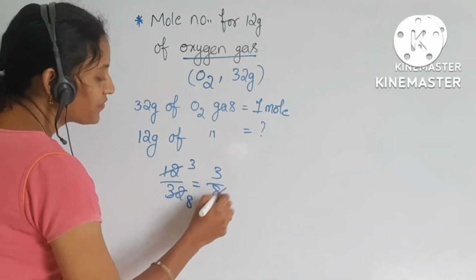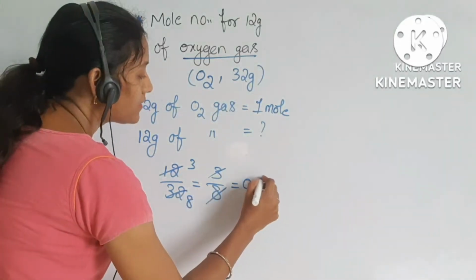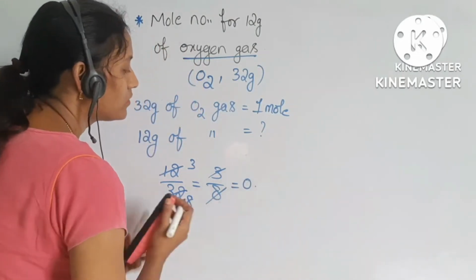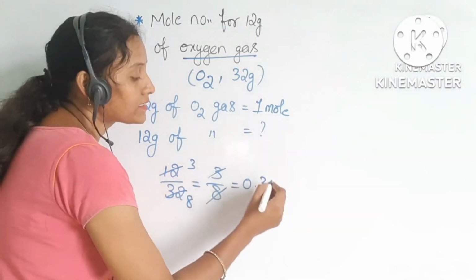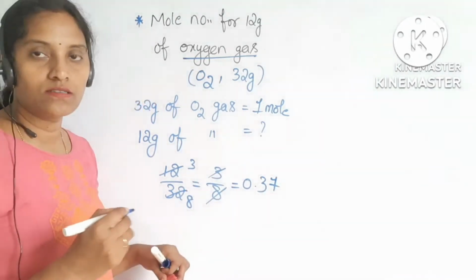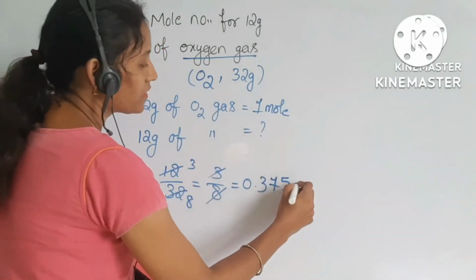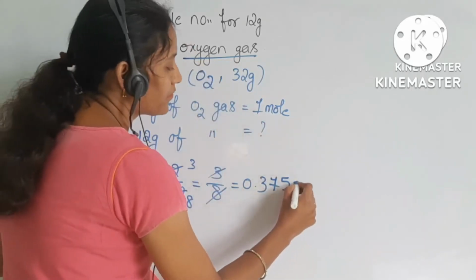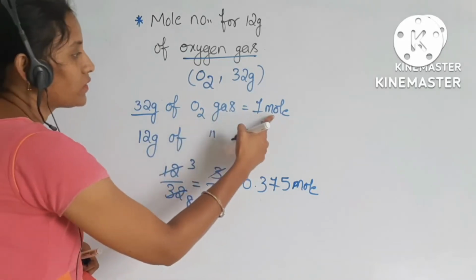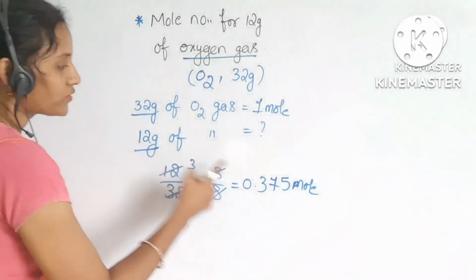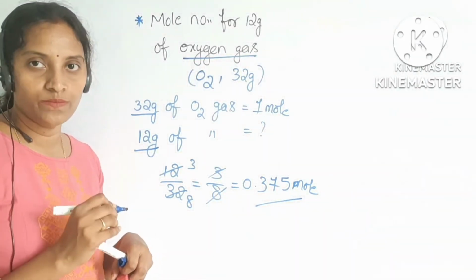Now divide 3 by 8: 8 3s are 24, the remainder is 6. 8 7s are 56, the remainder is 4. Next, 8 5s are 40. This is the mole number. Nothing but 32 grams of oxygen is equal to 1 mole, then 12 grams of oxygen gas is equal to 0.375 moles.